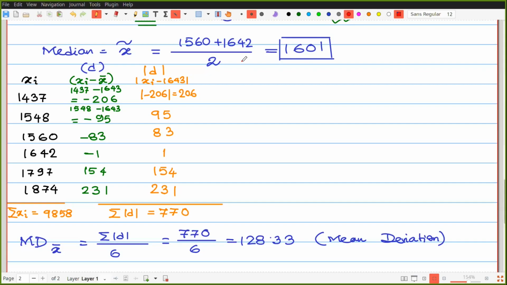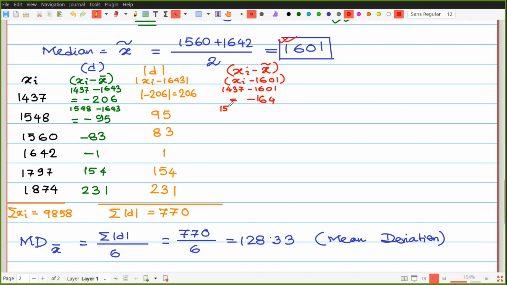So what is our median deviation? For that we are finding xi minus x tilde. Here 1601 is our median. So for each and every item, the first one is 1437 minus 1601, which is minus 164.